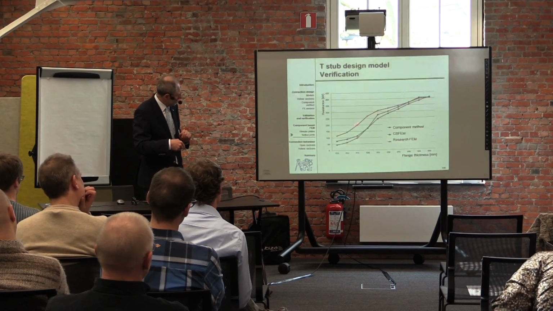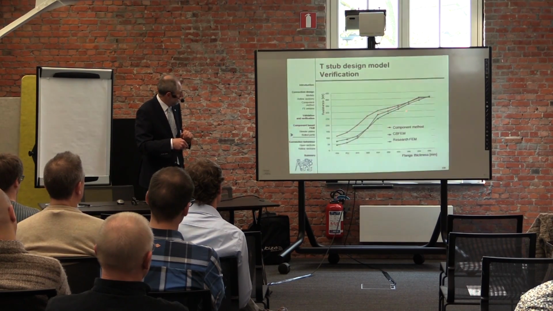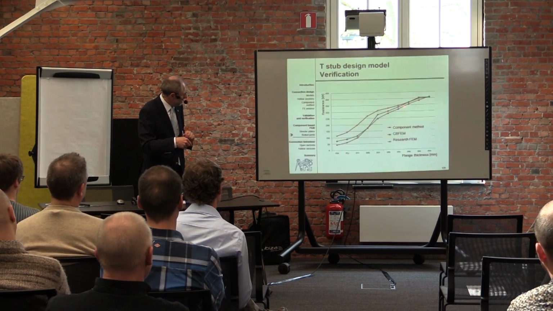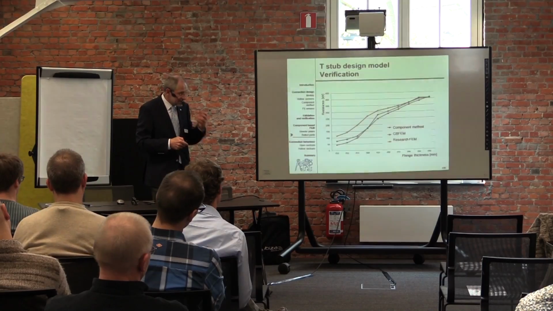So this is the research FEM model, and this is our model, the green line, and compared to the component method, if the plate is thin, the component method is not taking care of the membrane action, which is very significant.